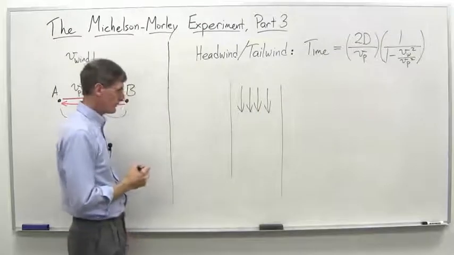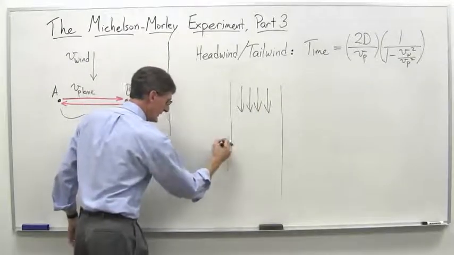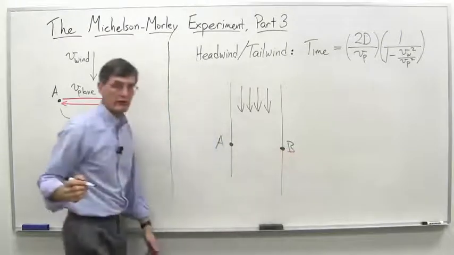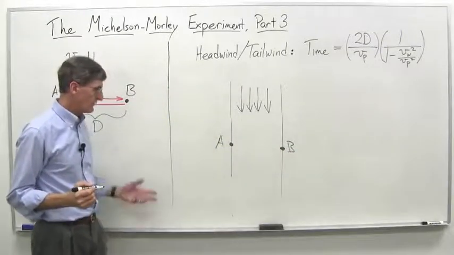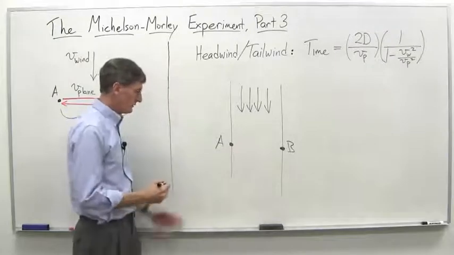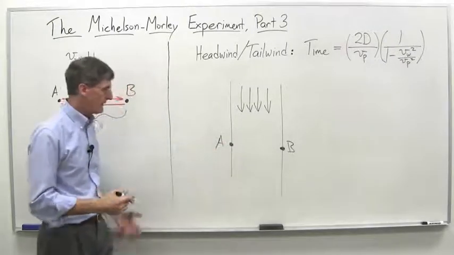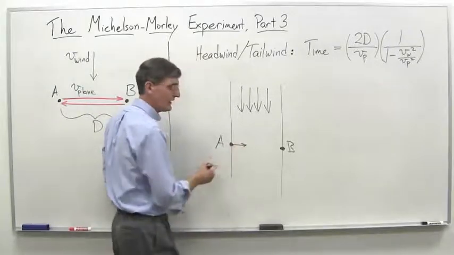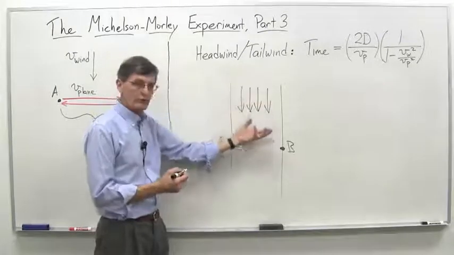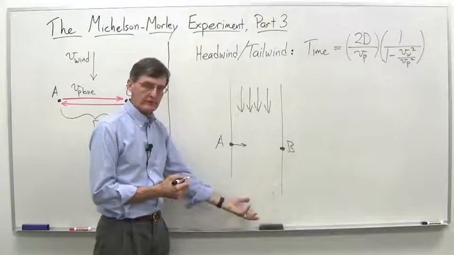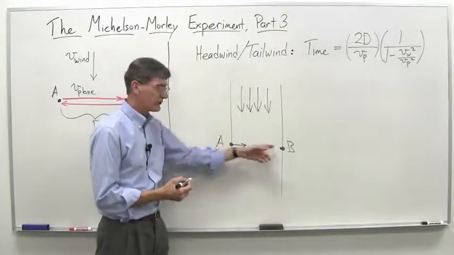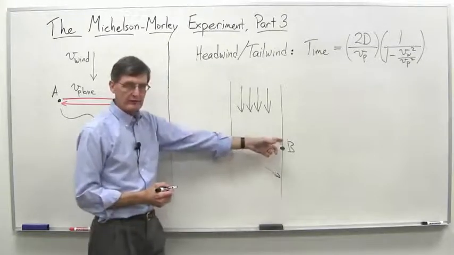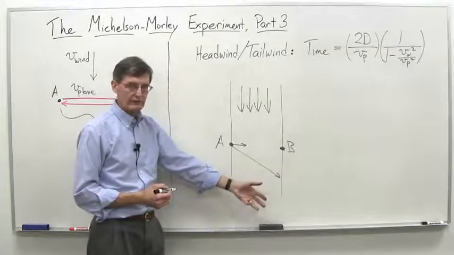There's the current flowing in the river, and let's say I'm at point A and I want to swim directly across to point B, a distance d directly across from A. Well, if I were to swim straight like that, the current is going to push me downstream. So if I try to travel straight across, I'm going to end up going like that, and I will not end up at point B. I'll end up someplace downstream.